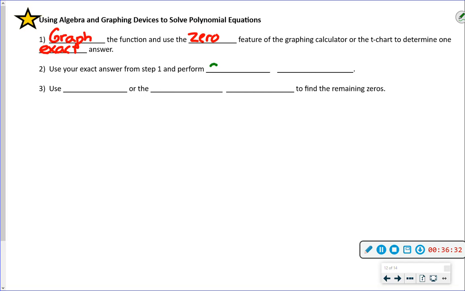I don't have to guess numbers anymore. And then from there, you could hopefully factor. So I'm going to say use factoring, quadratic formula, completing the square, any of those choices. So I'm going to put quadratic formula.